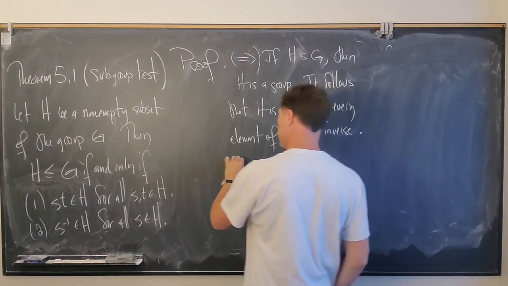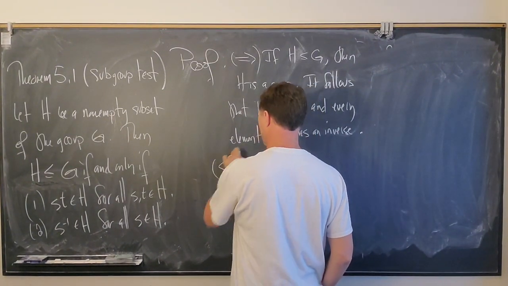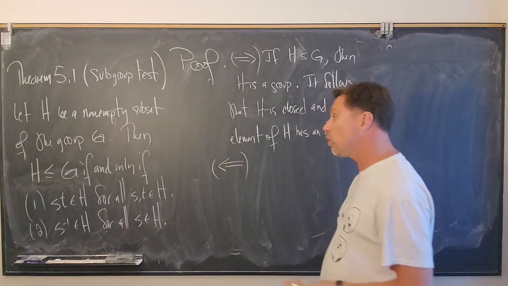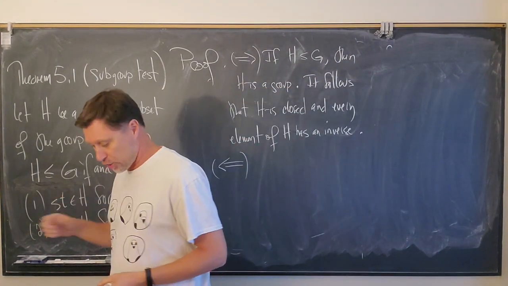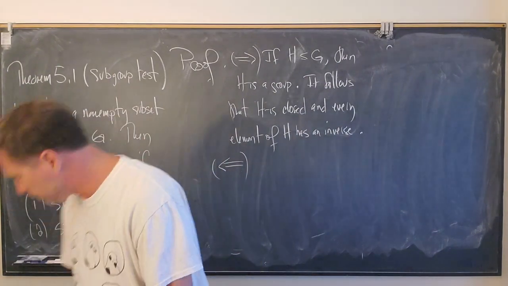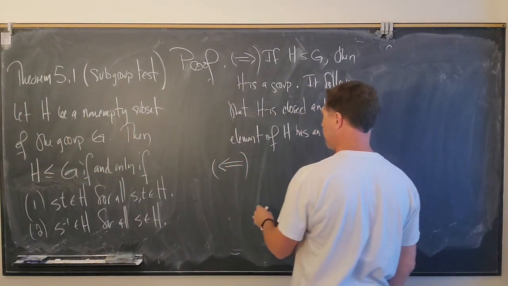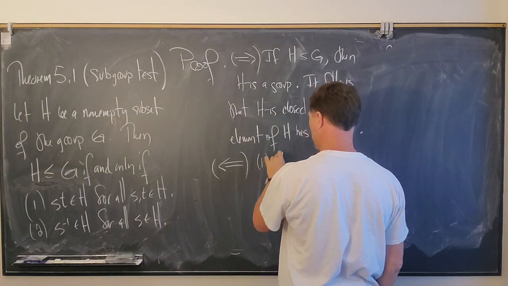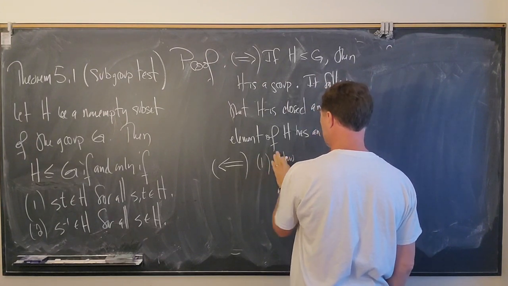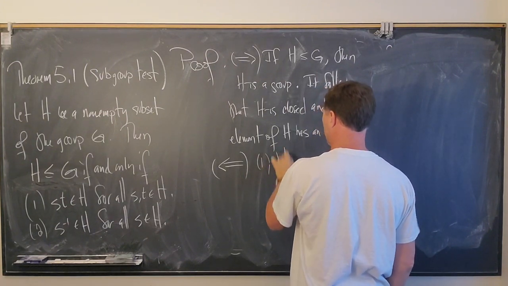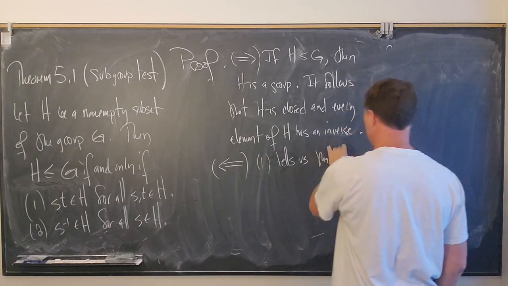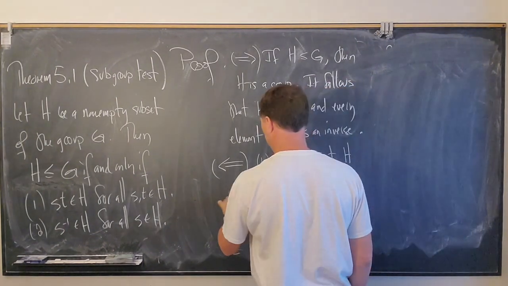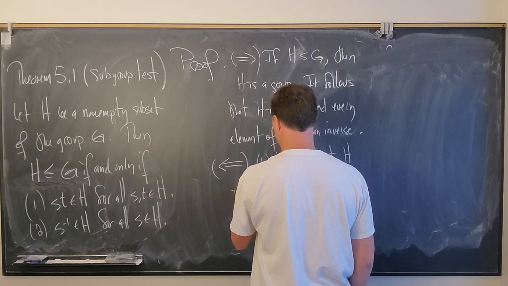Now in the reverse direction, we're going to assume that 1 and 2 hold, and we need to show that the group axioms hold for H. So first of all, 1 tells us that H is closed.